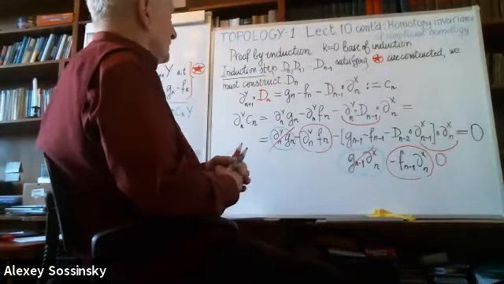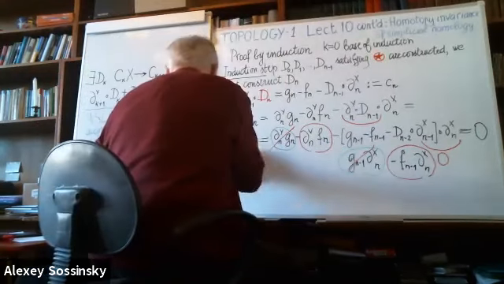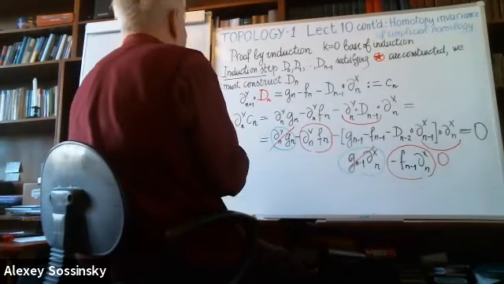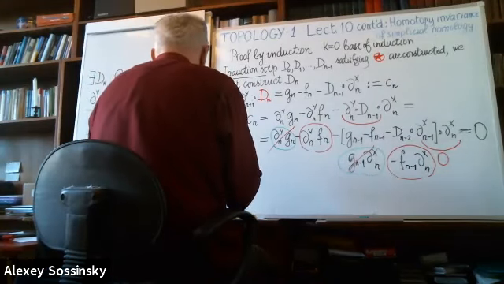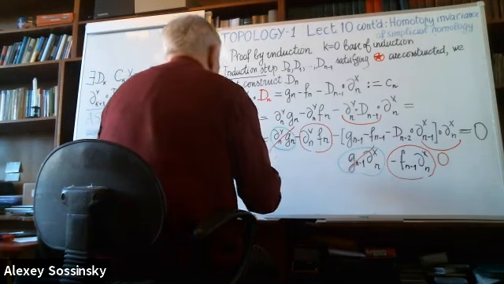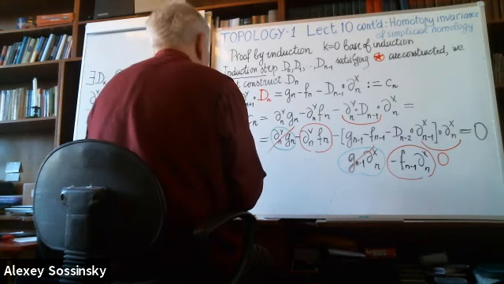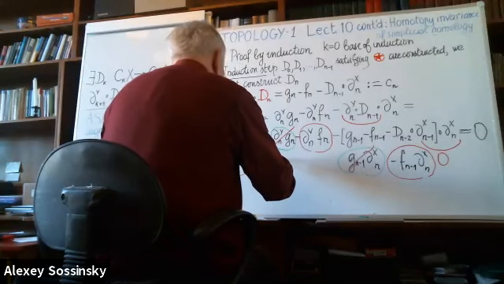Now, let us look at the boundary of some chain consisting of one simplex, delta n.